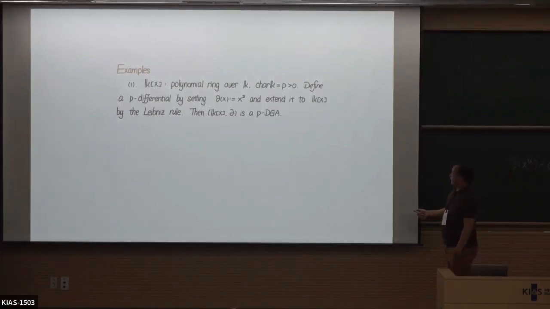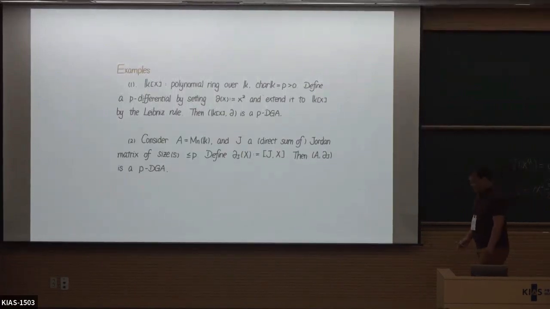Therefore, using this formula, you can see that over a field of characteristic p, d to the pth power is identically 0. The power becomes bigger because this d is really the action of x squared d/dx. In this way, this becomes a p-dg algebra.